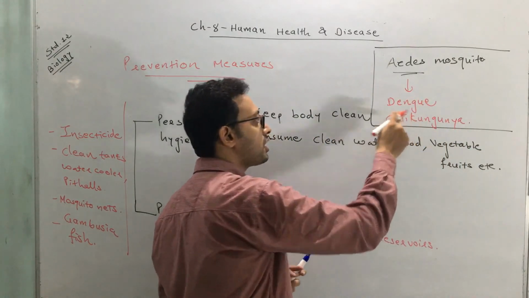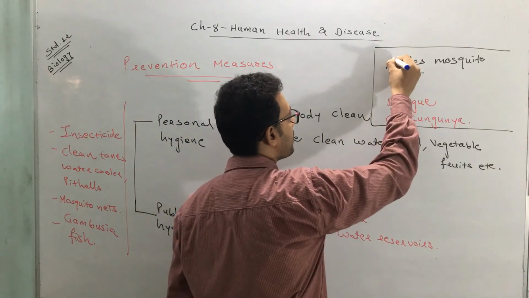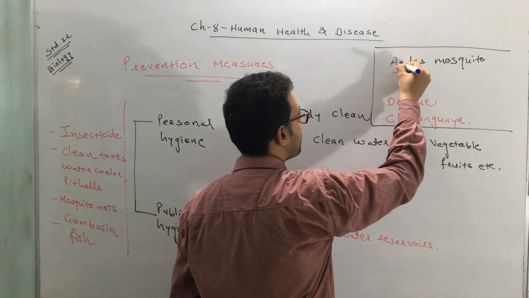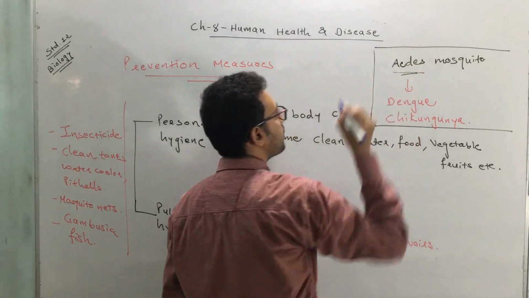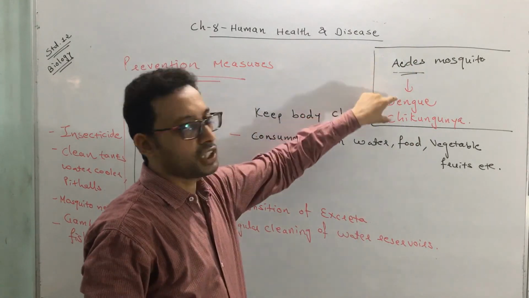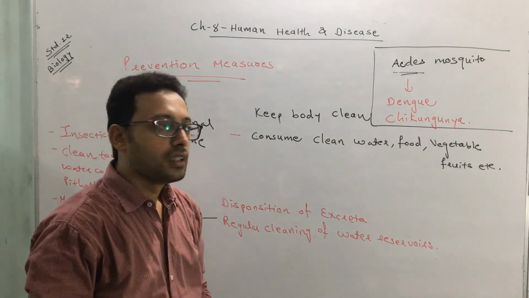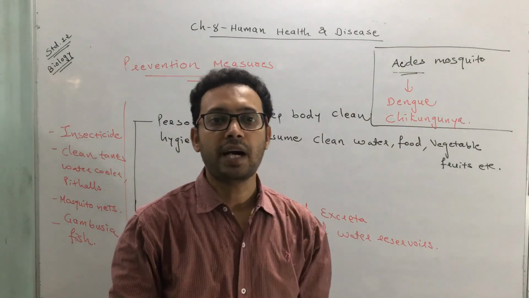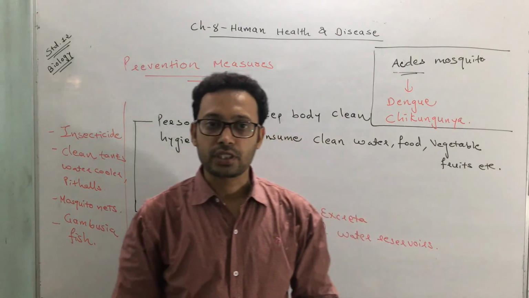So dengue and chikungunya are caused by which mosquito? Aedes mosquito. Okay, so you have to remember this name, because the mosquito of dengue usually bites in the morning, and they are somewhat different from other mosquitoes.